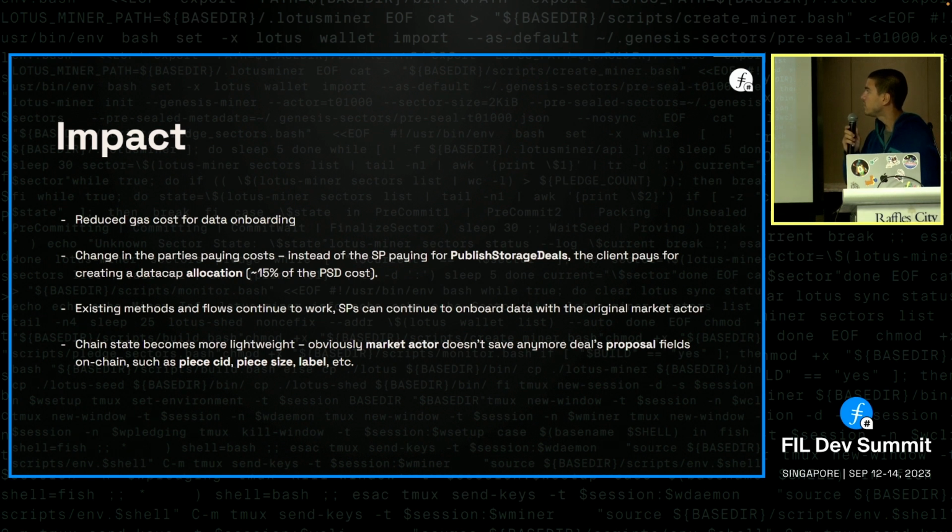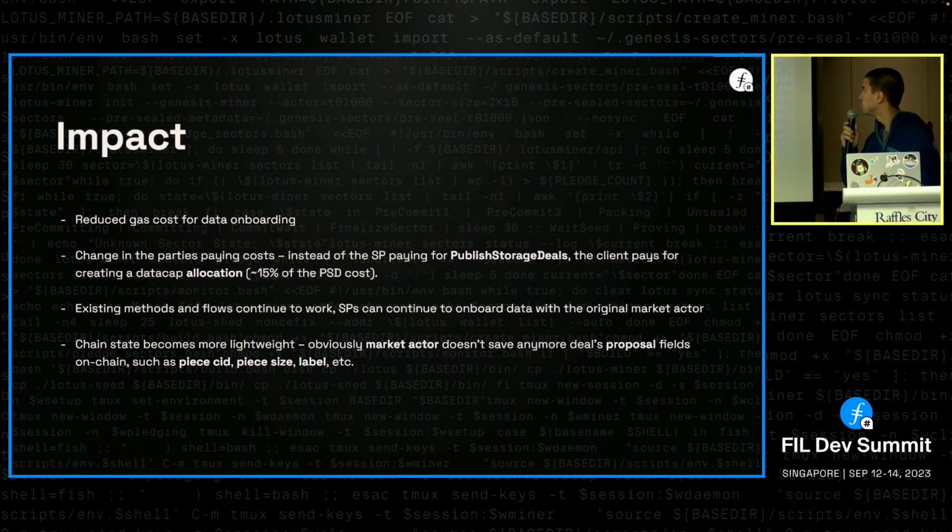It's worth noting that the existing methods continue to work. The way you've currently been onboarding user data onto the network will continue to work, but you will now have the option to use direct Fil+ data onboarding and onboard more cheaply.